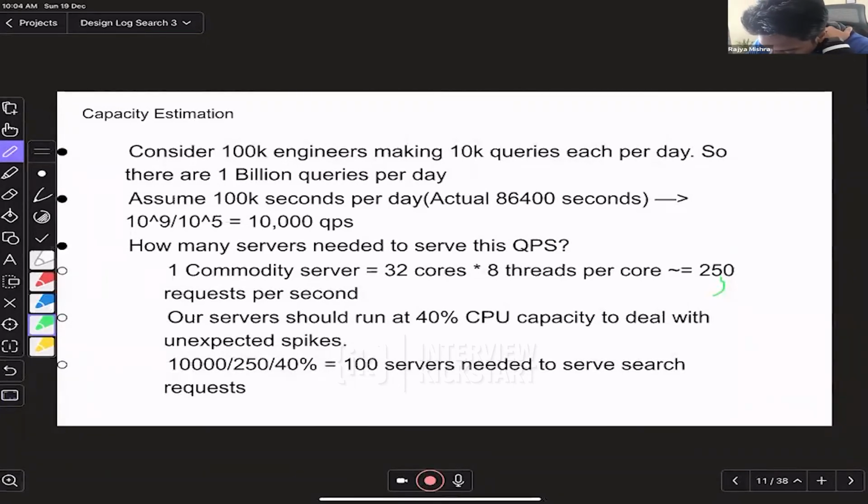Okay. So let's look at some capacity estimation. Let's say we are designing this for a very huge company where 100,000 engineers are there. Each engineer is making 10,000 queries per day. So that means we will have 1 billion queries per day.